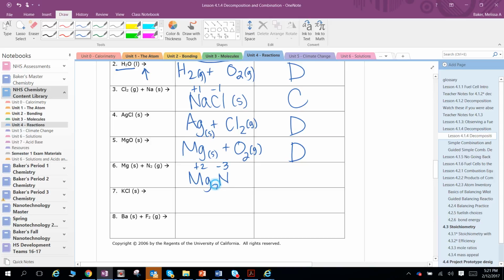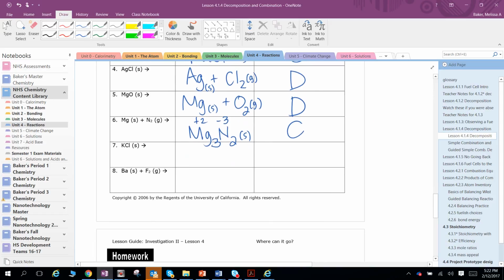So when these two form a new compound and we crisscross, we make Mg3N2, and that should get an S, since again this is an ionic compound, and that's a combination reaction. KCl breaking apart would form potassium, which is a metal, and chlorine gets a 2 because it's one of the 7 diatomic elements, and a G for gas. So that would be another decomposition.